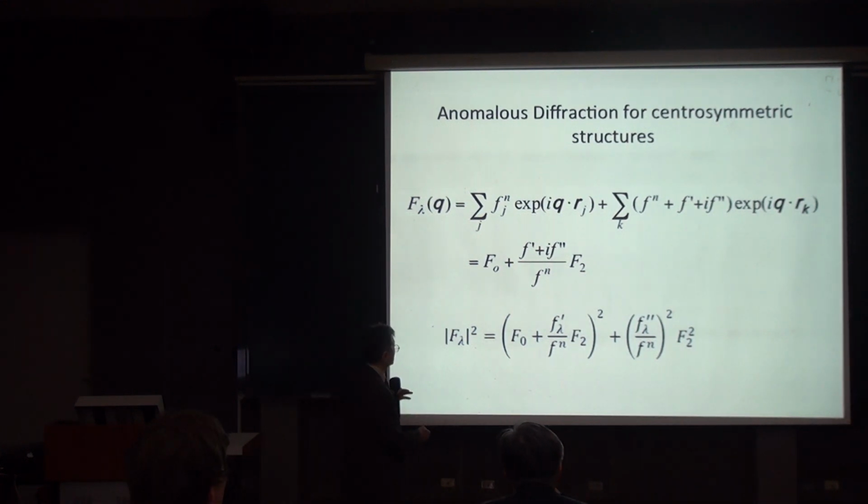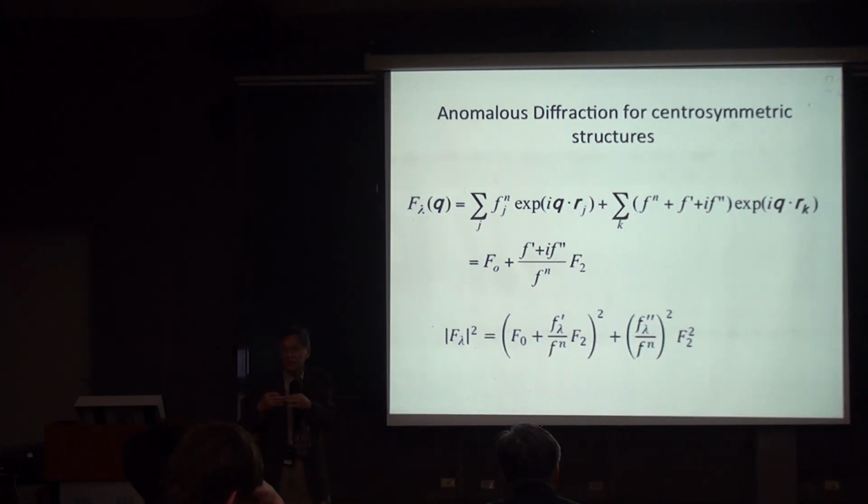F2 is of only the anomalous atom, with a coefficient of the real part and imaginary part of the anomalous scattering factor, and Fn is the normal scattering factor. If you square this, you have only two terms.